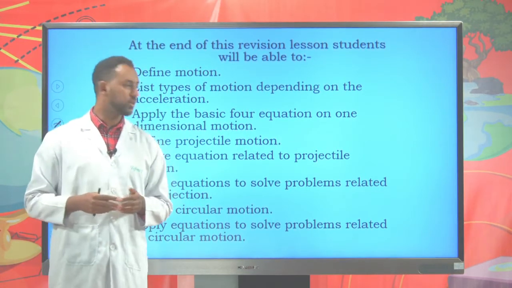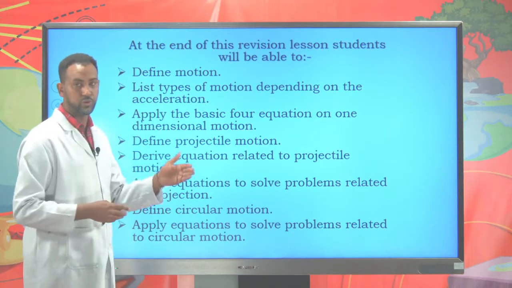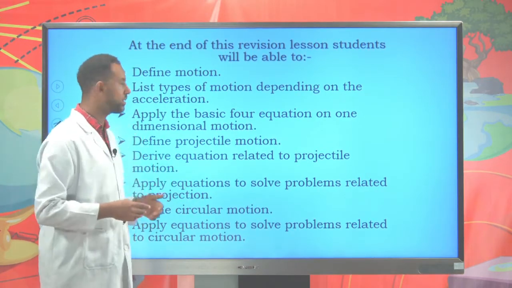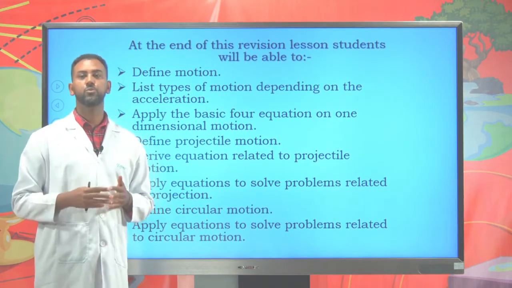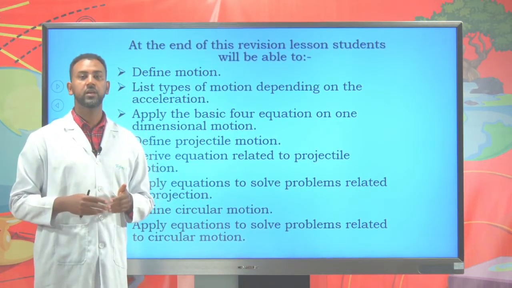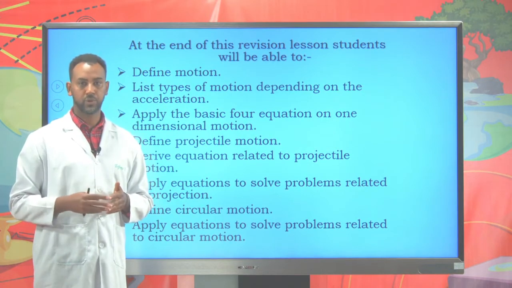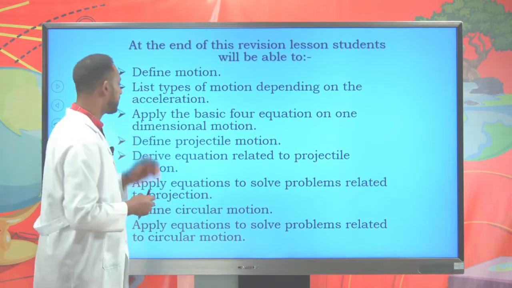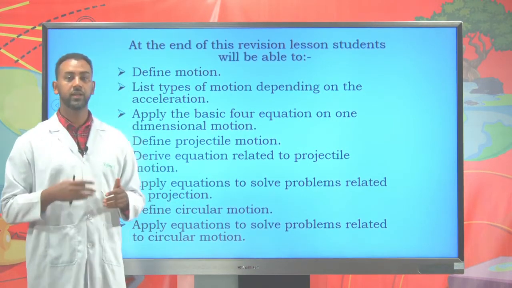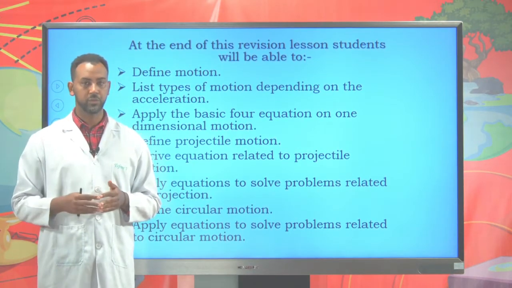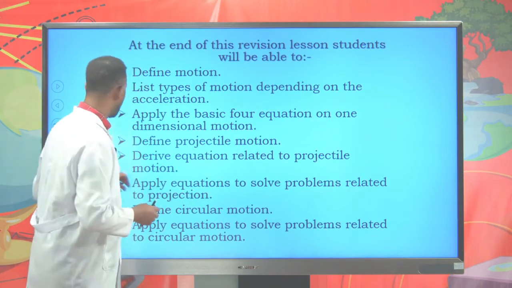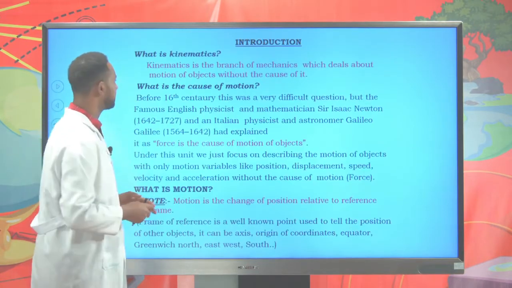We'll categorize this motion as uniformly accelerated motion and non-uniformly accelerated motion. We'll use the four most important equations and apply them to some problems. We'll define what projectile motion and circular motion are, and we'll see them under two-dimensional motion. So let's proceed.